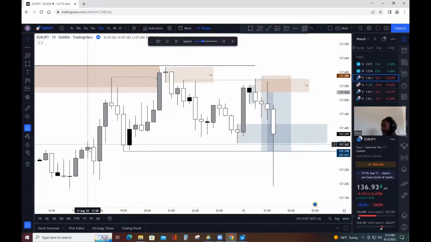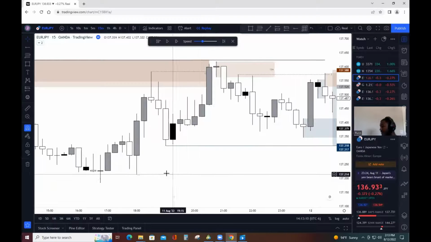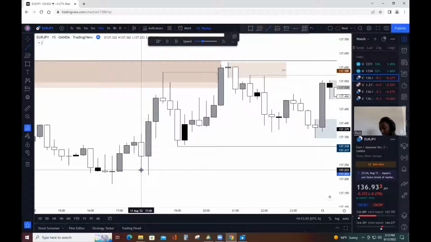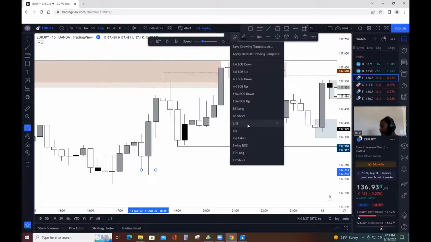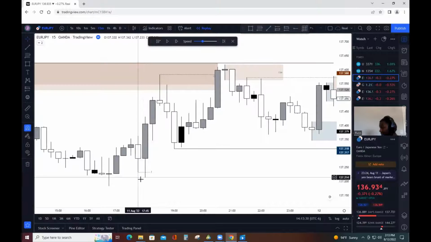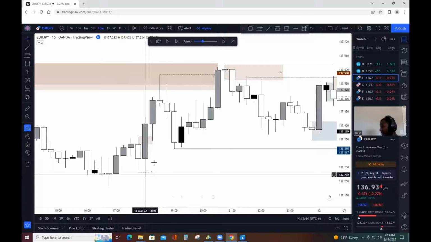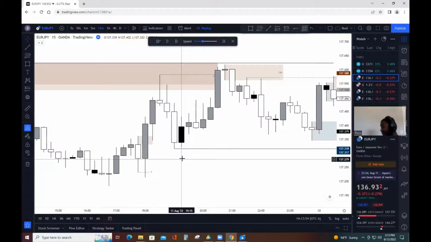So like here, right? Look at right here. There's a long that we would not have been able to take because of what? Sweep, right? Sweep happened, pushed up, it broke the demand, so it broke the supply, made an unmitigated wick, or left the unmitigated wick behind, but it went into a supply zone before it came down.